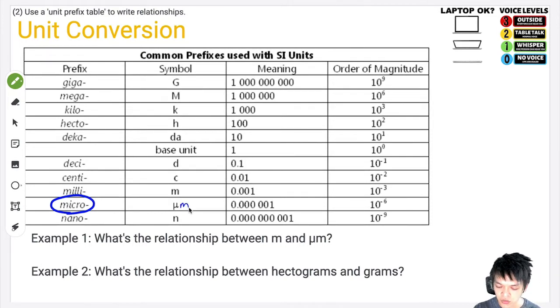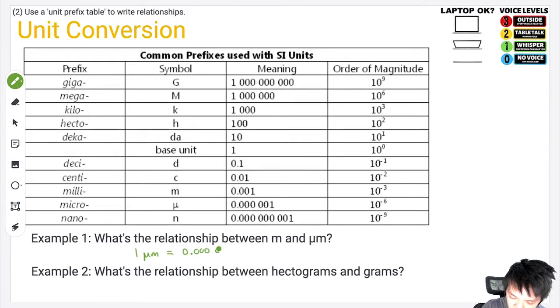Micrometer. The meaning is 0.000001 meters. So we can write a 1 in front of micrometer and an equal sign between these two different units. 1 micrometer equals 0.000001 meters. That's the relationship, and I'm going to write that right here. It makes sense because a micrometer sounds small, so you should have a very small amount of meters.